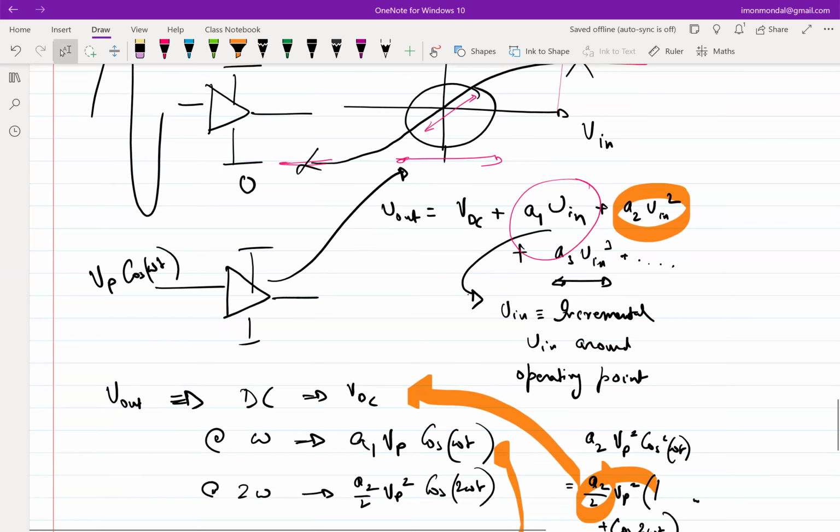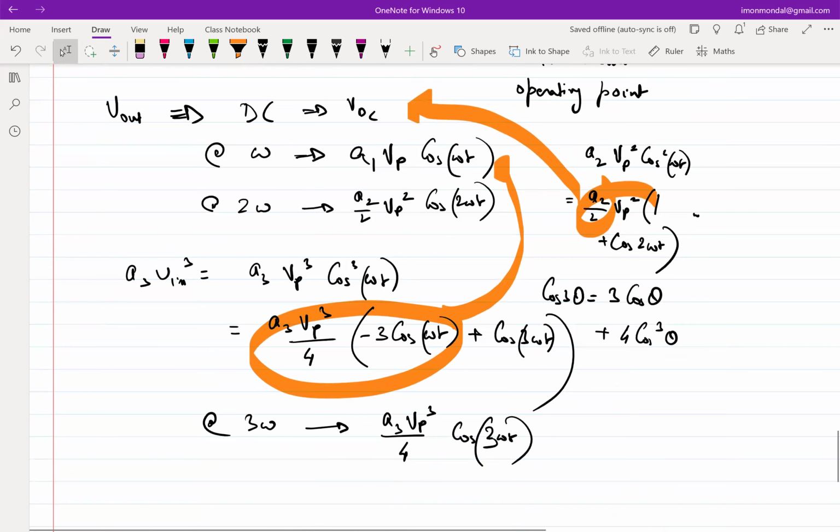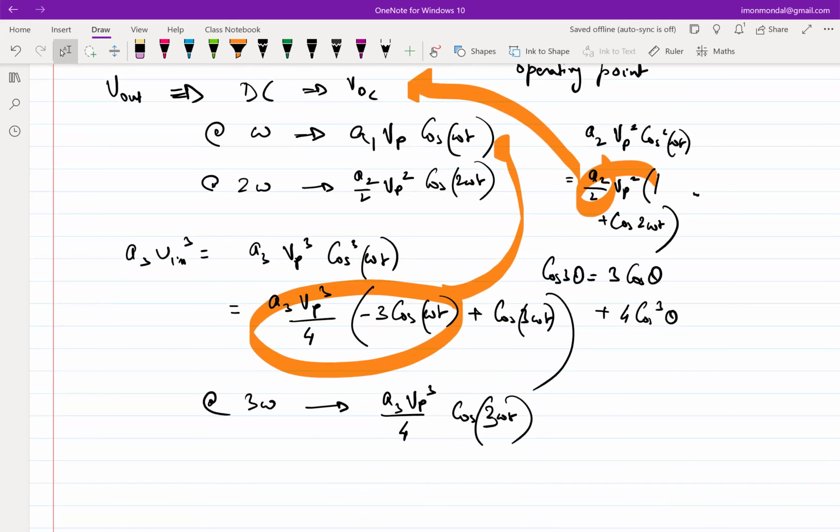Similarly, we will have a constraint if you want to impose that same condition for A3 V in cubed. The reason that is important is because if we are working under those assumptions, then clearly I can neglect this term with respect to this term.